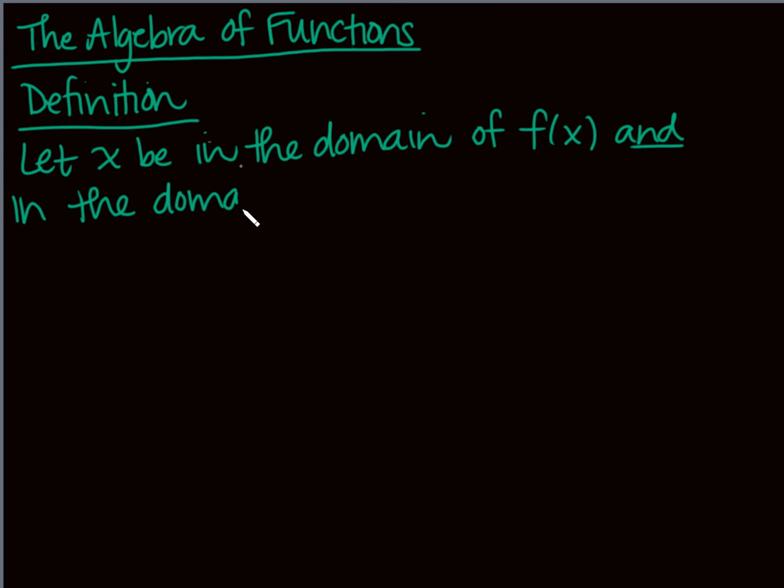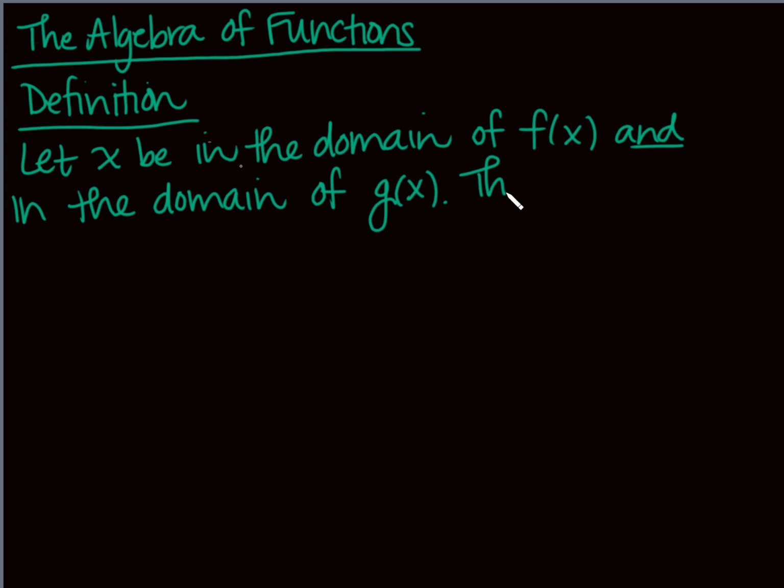So when we're talking about adding, subtracting, multiplying or dividing two functions, I have to make sure that both functions can handle any x value I give it. So if I have a number that's in the domain of f but not in the domain of g, then when I start combining these functions together, that's not going to work. Both functions have to invite those x's to the party, okay?